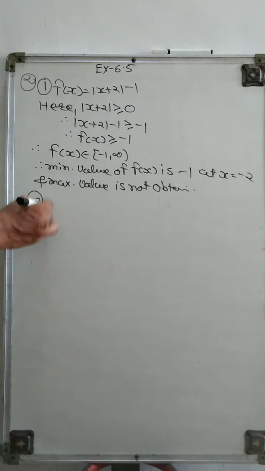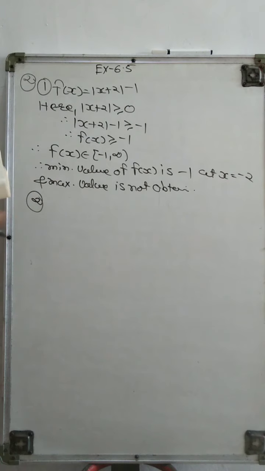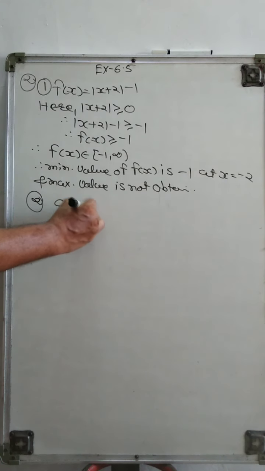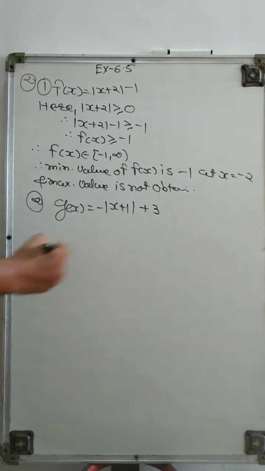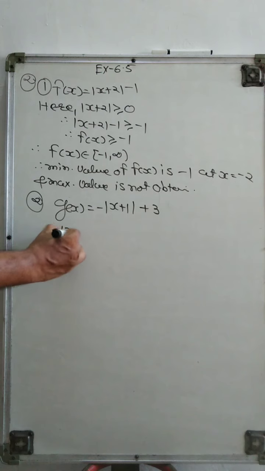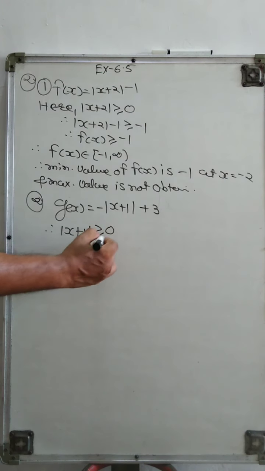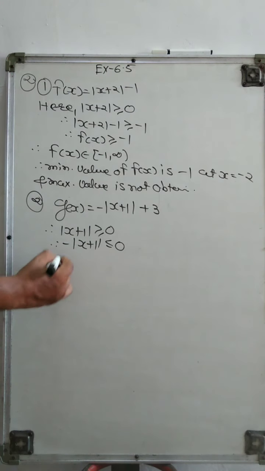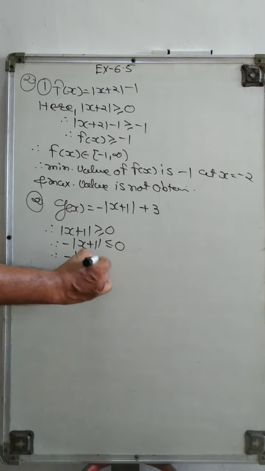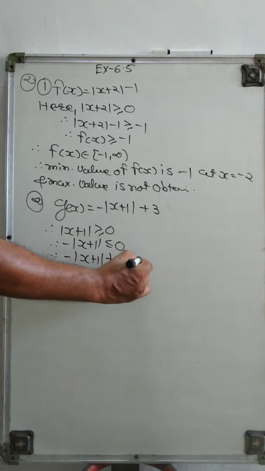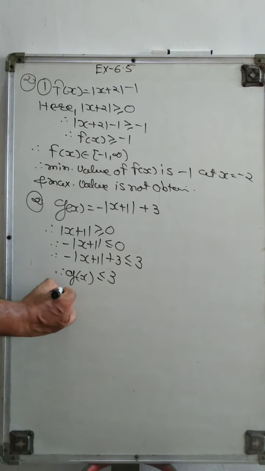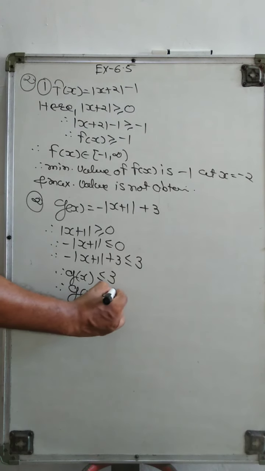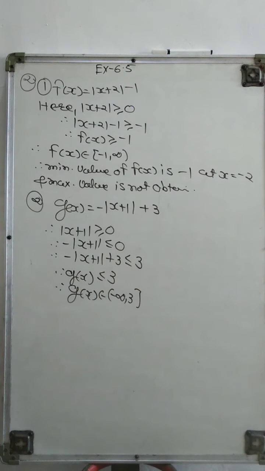Right? Same way, second sum. In second sum, g(x) equal to minus mod (x plus 1) plus 3. So here we know that mod (x plus 1) is greater or equal to 0, but minus mod (x plus 1) is less or equal to 0. Therefore, minus mod (x plus 1) plus 3 is less or equal to 3. It means g(x) belongs to (minus infinity, 3].